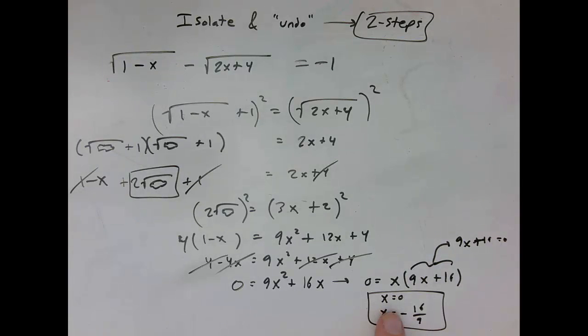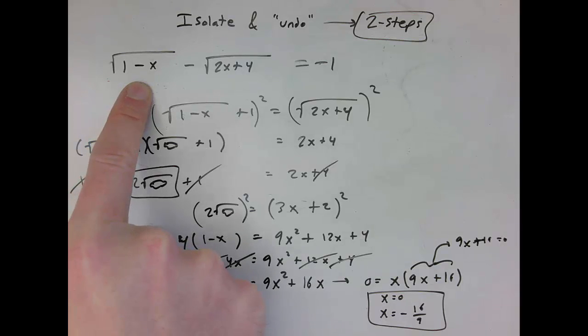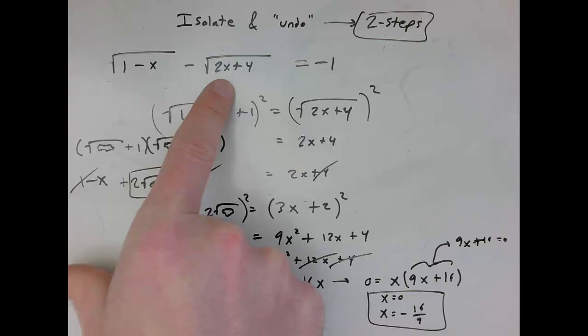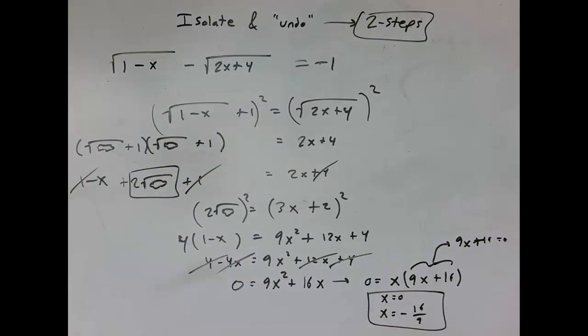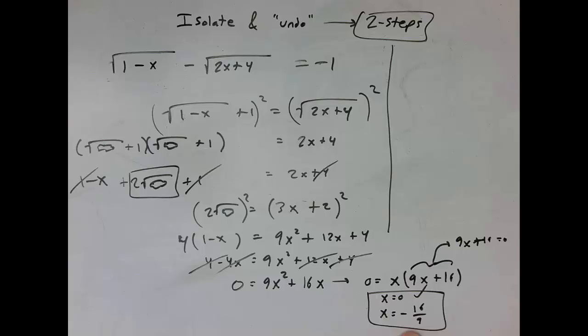So let's double check 0. If I plug in 0, I've got just the square root of 1, so that's 1, minus the square root of 4, which is 2. So 1 minus 2 is negative 1. So 0 seems to check out. Let's look at this other one. So if I plug this back in up here, I've got 1 minus negative 16 ninths.